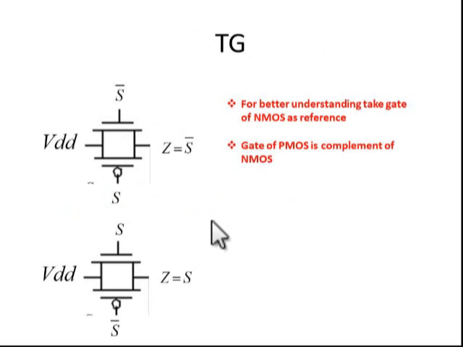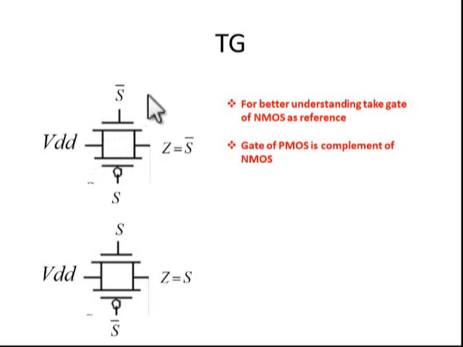Now first we will see how to design a one variable circuit. Suppose I want to design S bar, so I have to make it like this. For better understanding, you can take the reference as the gate of NMOS. If the gate of NMOS is here S bar, it will give S bar because we are passing data VDD, and VDD is logically 1.